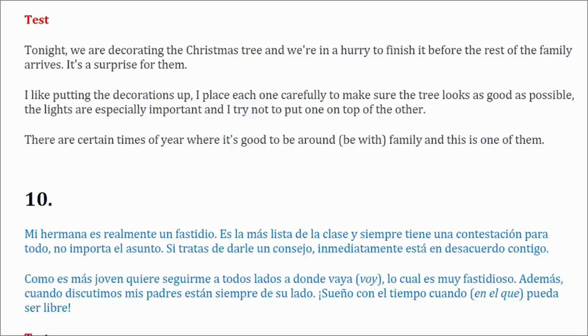Las luces son especialmente importantes y trato de no poner una encima de la otra. Hay ciertas épocas del año en las que es bueno estar con la familia, y esta es una de ellas.